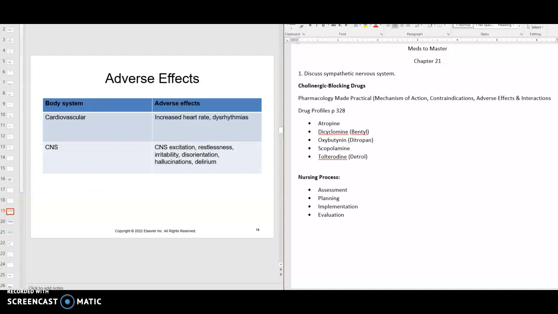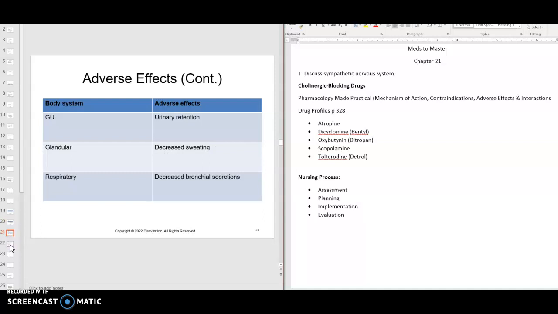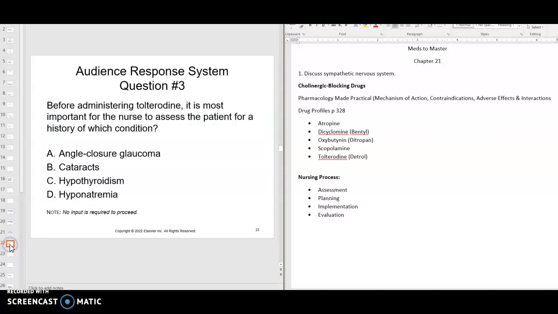Adverse effects, this is right out of your textbook too. There is a nice list going through each body system here. So going through the cardiovascular, the CNS, these are adverse effects. So we're likely to see these on our individuals that are taking our anticholinergic medications. And then working down through each of our systems there.